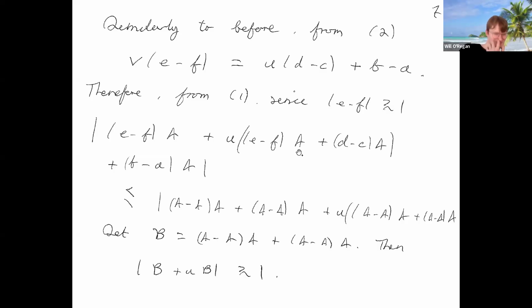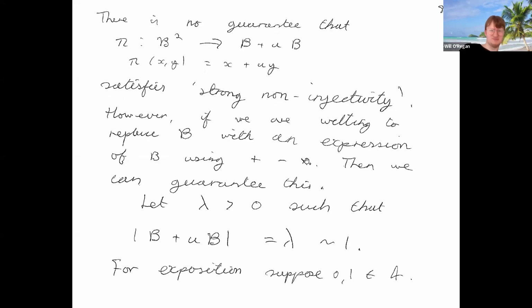Okay, so we need to do something else. I've written here that there's no guarantee: if you call this map pi, and this map pi is the projection to the line spanned by 1u, there's no guarantee that this satisfies the non-injectivity that we had before. So we can't rely on that, and we have to try and do something else.